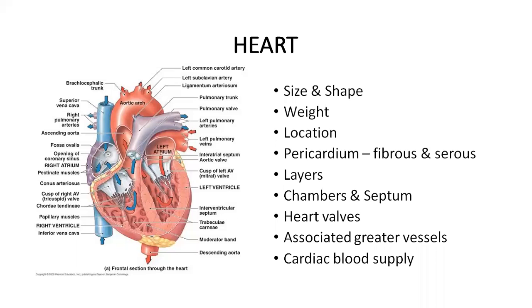The receiving area does not have much bulk of muscle, because there is no great strain for a pumping process. The atria constantly receive the blood, so they are smaller compared to the ventricles. The right and left ventricles pump and propel the blood into the circulation, so they are a little larger.